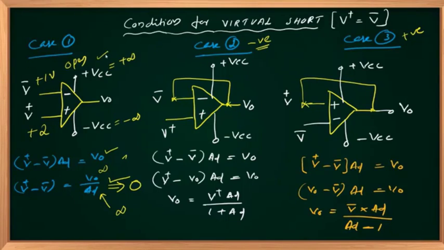VCC is extremely large, so V out is also large. So you cannot expect V out to always be finite, right? V out may go to infinity if you are applying a supply voltage of infinity.